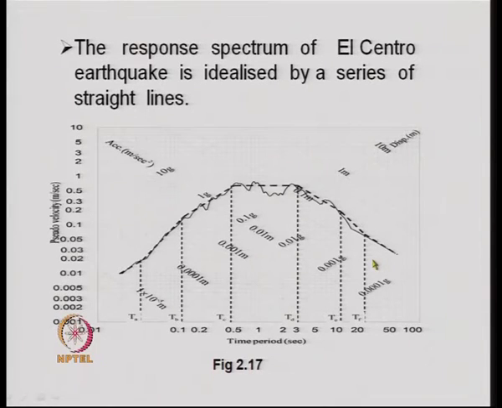To understand that trend, let us look at the different segments. For example, this is a segment designated by time period T_A, that is, below this time period T_A we have a segment. Then we define another time period T_B, between T_A and T_B we have another segment.